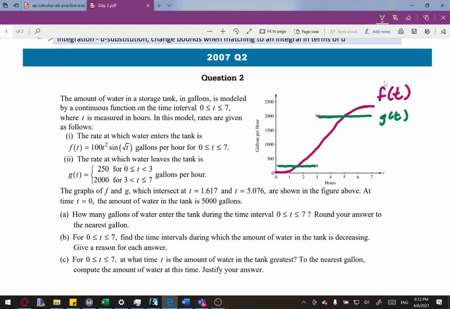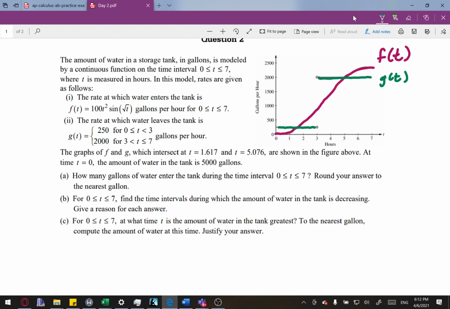So what do I have to do first? Just integrate the first equation. Okay, we're going to integrate just the first equation. From what to what? 0 to 7. Okay, from 0 to 7. Looks good.